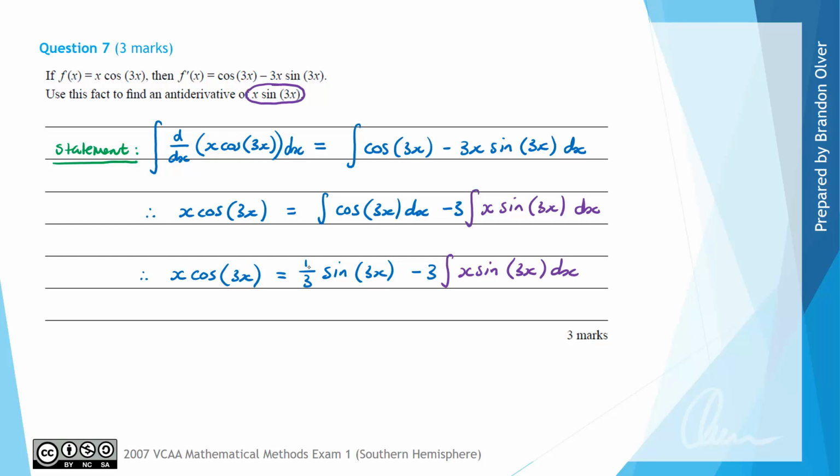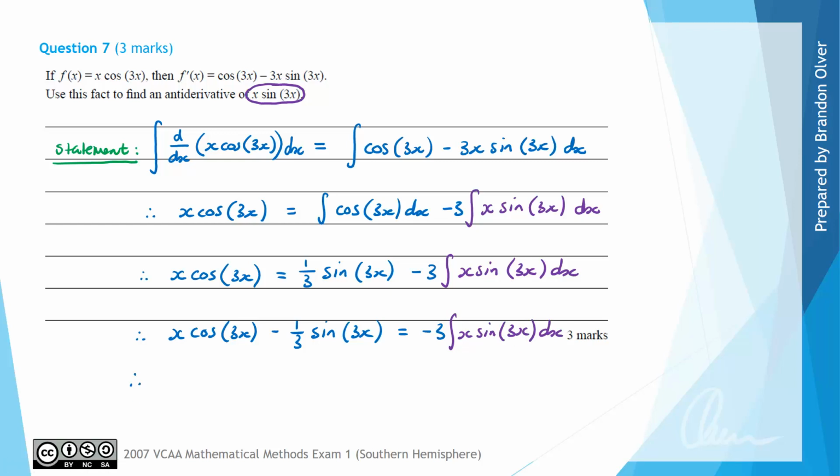And now if we subtract away the 1/3 sine of 3x, we find that x cos of 3x minus 1 on 3 sine of 3x is equal to negative 3 multiplying the integral x sine of 3x dx, which is what we're after.